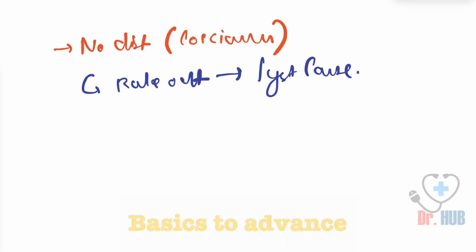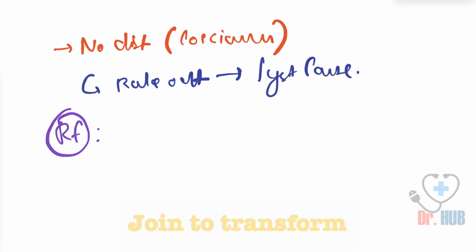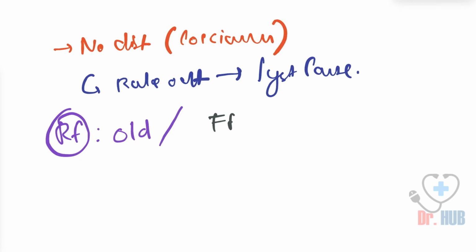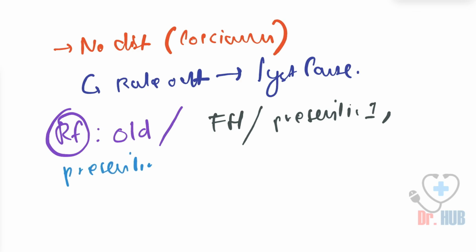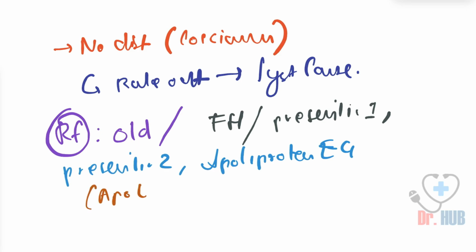Now we move on to the risk factors. The most important is old age. If you are older, you have a higher chance of developing Alzheimer's. Other risk factors include family history, presenilin 1, presenilin 2, as well as apolipoprotein E4, which is the ApoE4 allele.